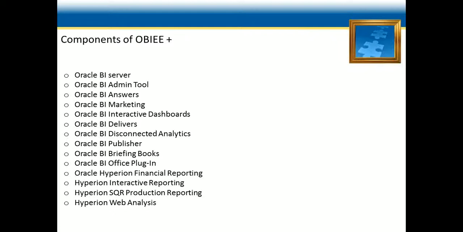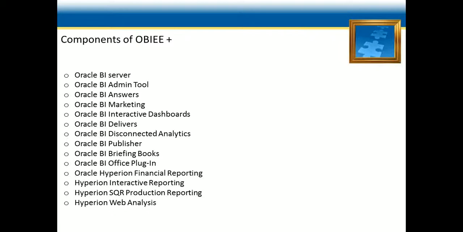Now we will look at the components of OBI. I'll be explaining these one by one in the next slides. Oracle BI Server is a component of OBI, along with BI Admin Tool, Answers, BI Marketing, BI Interactive Dashboards, BI Delivers, BI Disconnected Analytics, and BI Publisher.